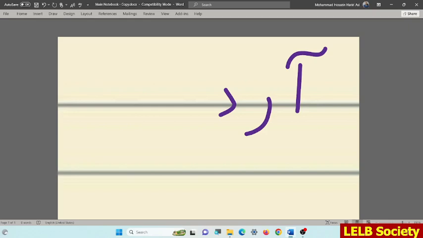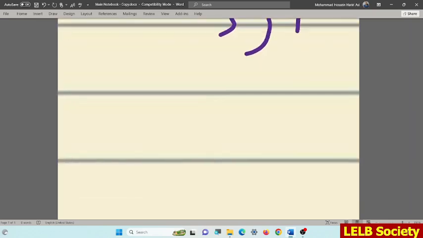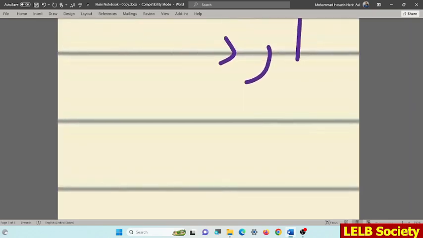So the third word is baba, a very simple word. So I have selected them alphabetically ordered. So baba. Remember, as I said, this is the initial be or be kuchik, small be, and this is be bozorg or final be.